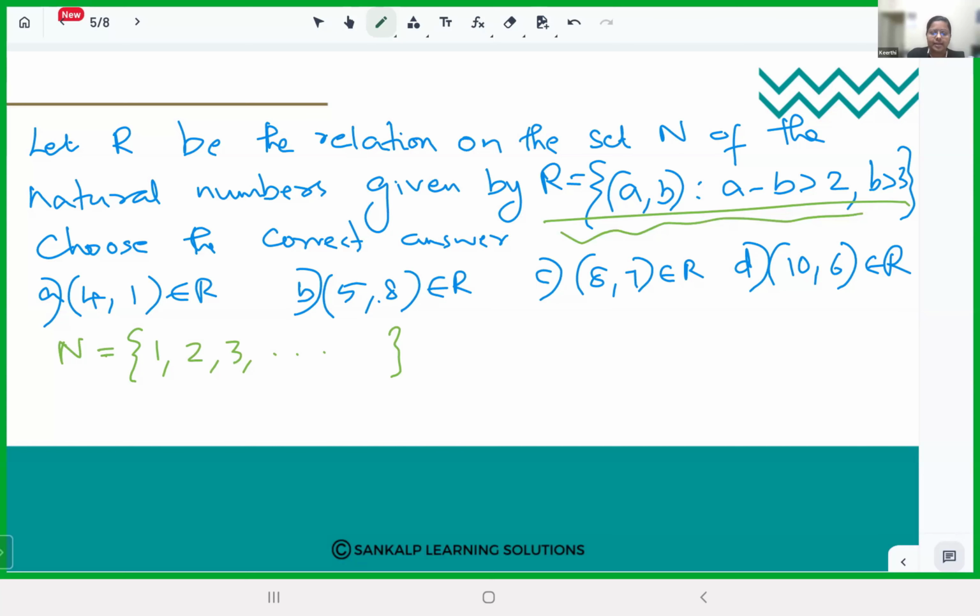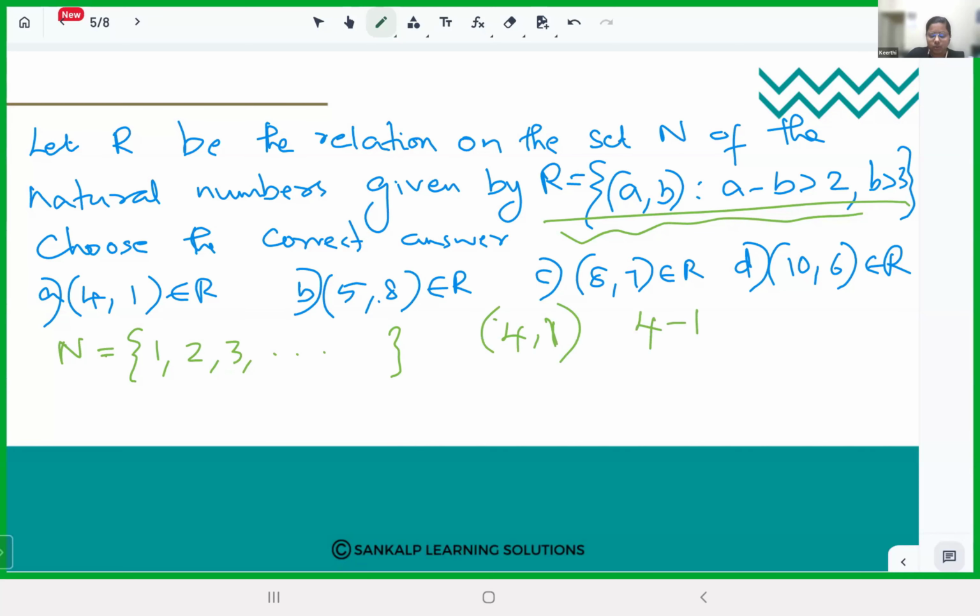So how will you do that? In order to belong to the relation, the ordered pair should satisfy the conditions. So we'll check one by one, starting with (4, 1). The first condition is a minus b greater than 2. Here a is 4 and b is 1, so 4 minus 1 is 3.